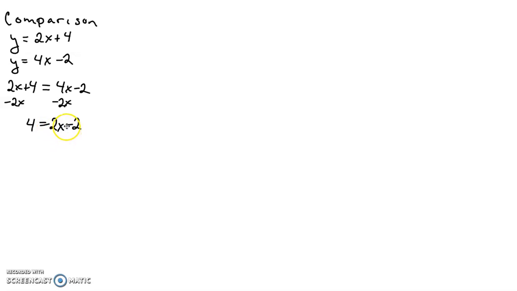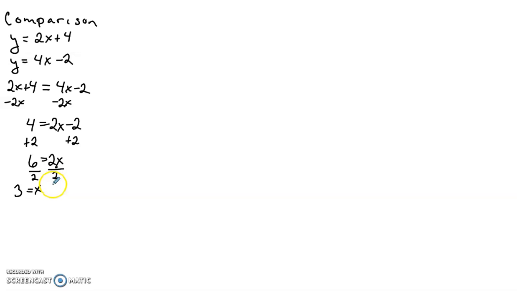We want the x's by themselves, so to get rid of this minus 2, we'll add 2. 4 plus 2 is 6 equals 2x, and the 2's cancel each other out. We want to know what x is, not 2x, so we can divide both sides by 2, and we're left with 3 equals x.